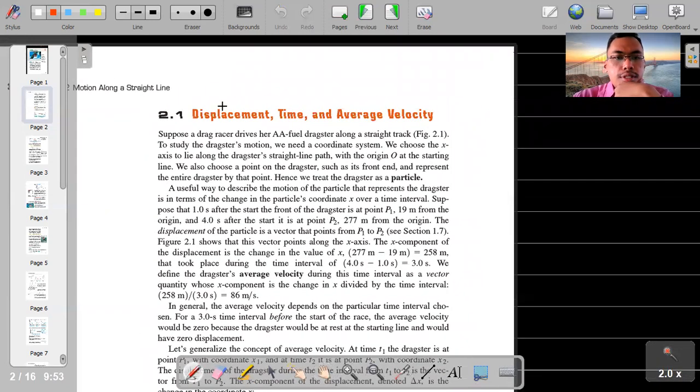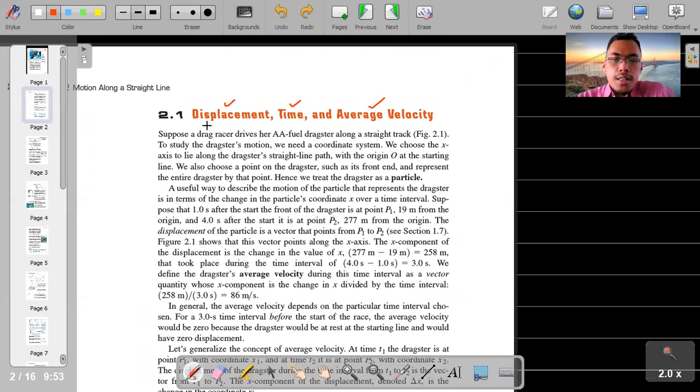We have displacement, time, and also average velocity. For time, we already know about it: 1 second, 2 seconds, 3 hours, that's the physical quantity of time. I think everyone has already known about this.